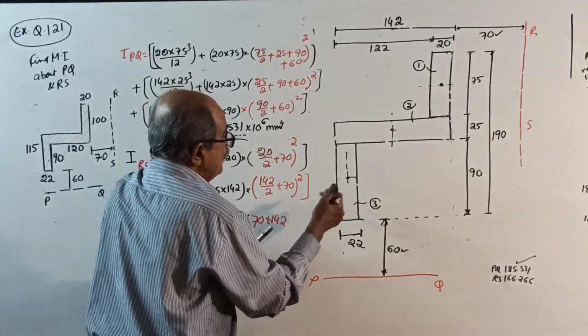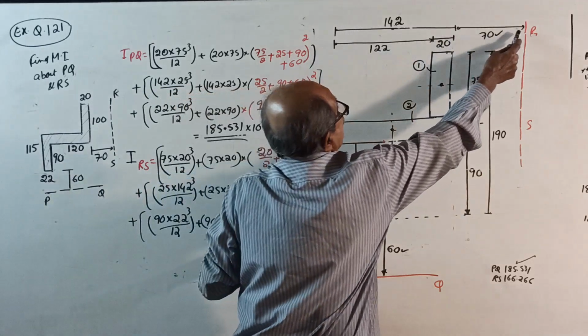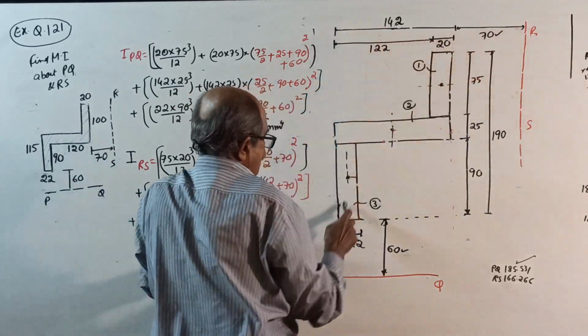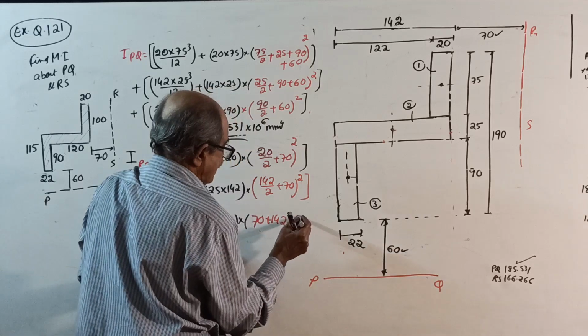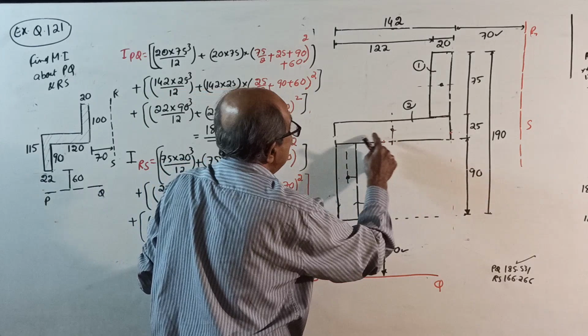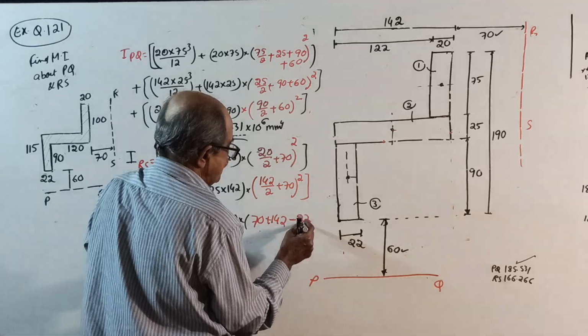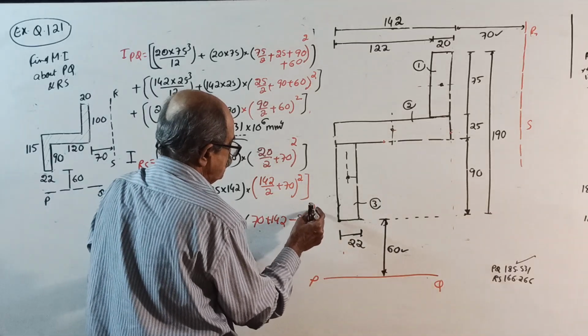Because we want from centroid to there, this distance square is 70 plus 142 minus 22 by 2. That is much better. Otherwise you require this offset. Leave it. Minus 22 by 2, whole square.